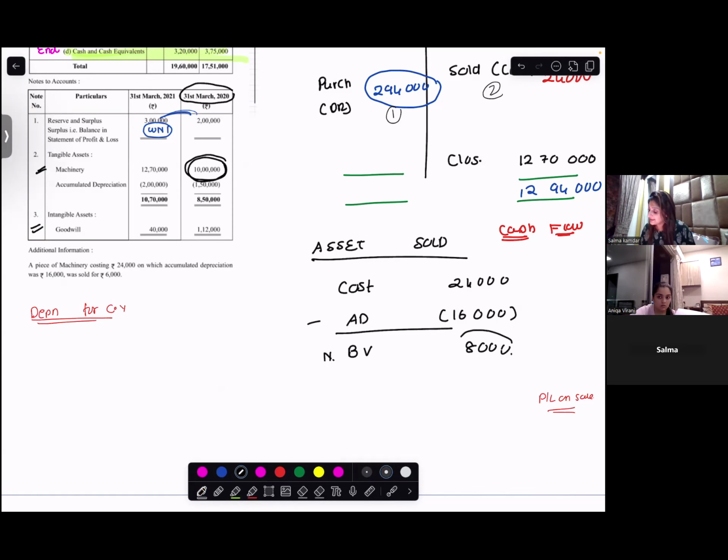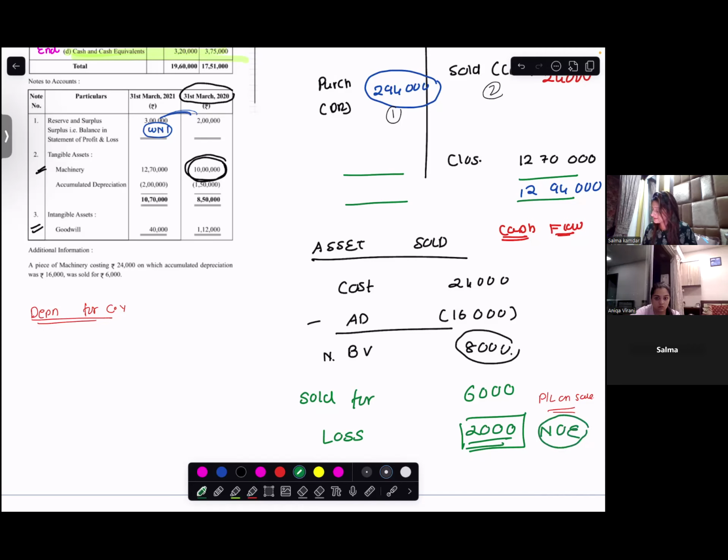Net book value is 8,000, sold for 6,000. Profit or loss? Loss. How much? 2,000. Non-cash, non-operating expenses. You add it.